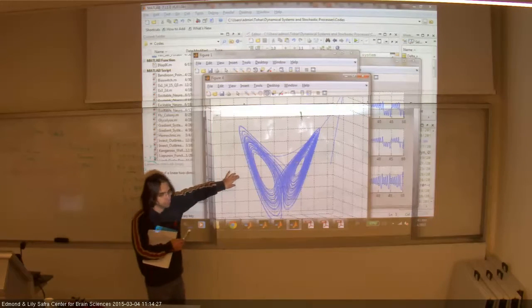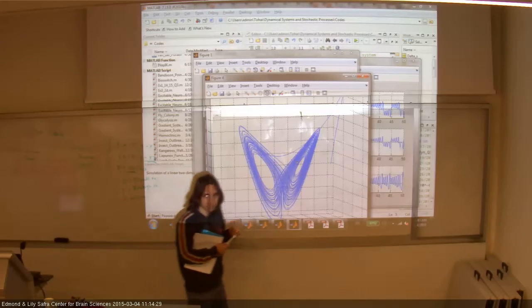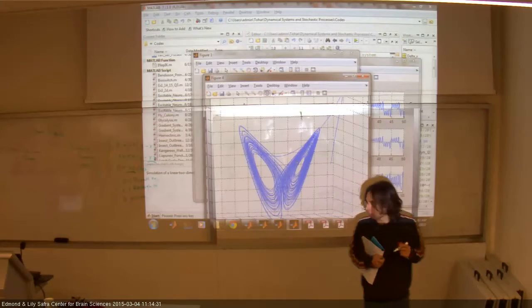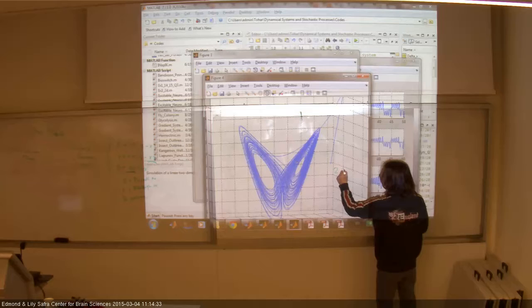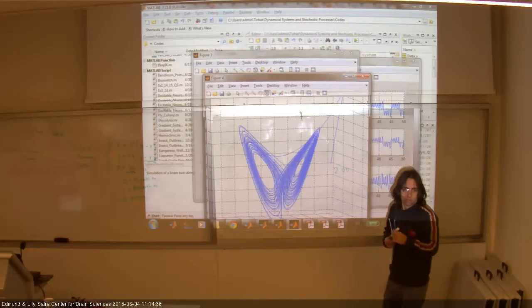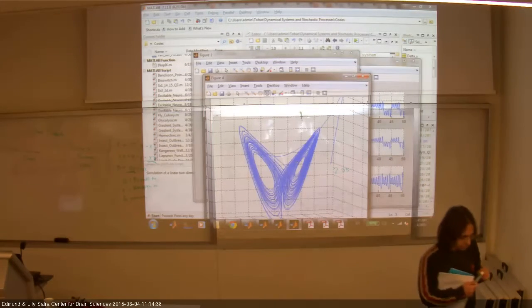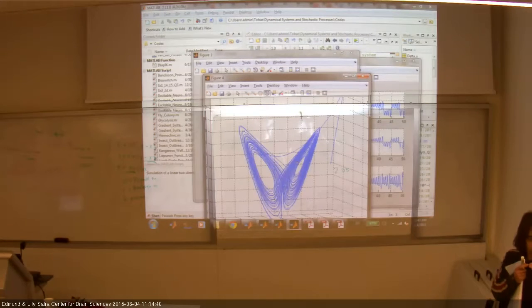So the Lorenz strange attractor has a fractal dimension of 2.05 or something like this. And this means that it's not exactly a plane. It's just a little more than a plane.